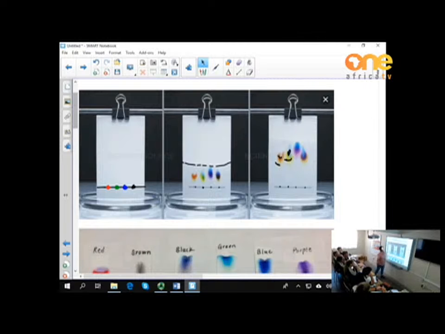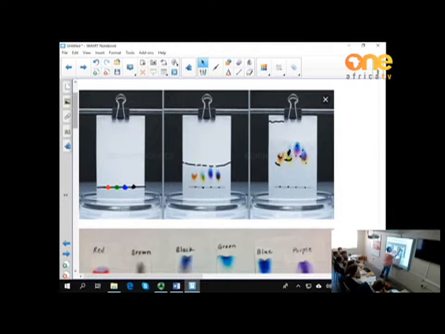The blue ink contains blue and purple. And the black ink contains some yellow, some orange, some purple if you look carefully, if you allow it to move further, and there is some blue. Do you follow me?